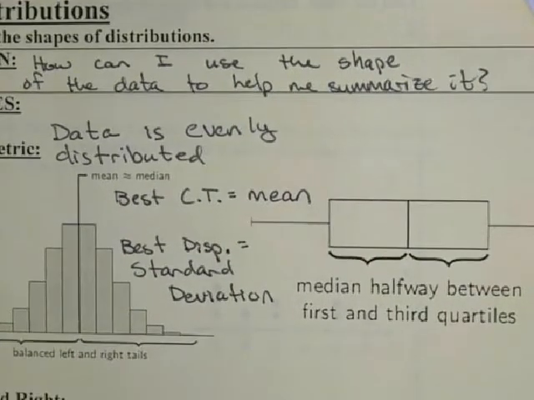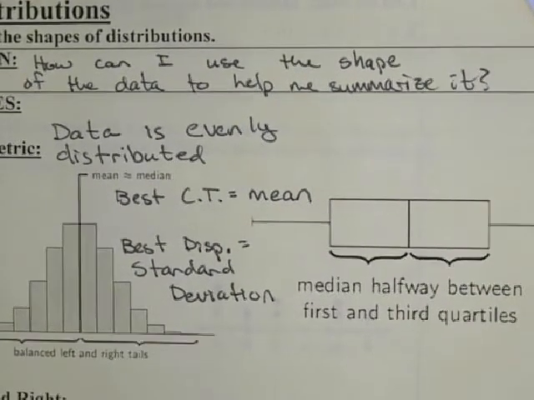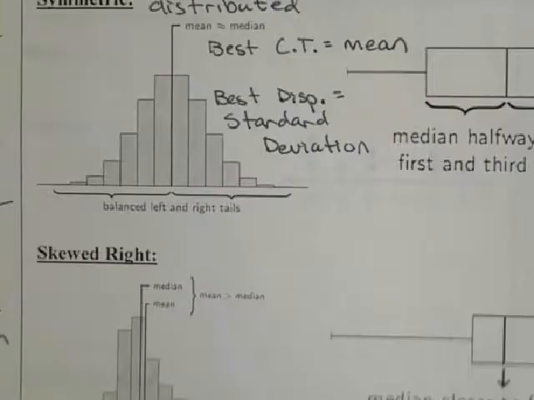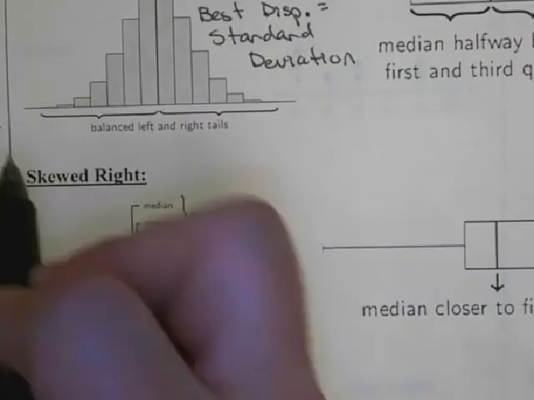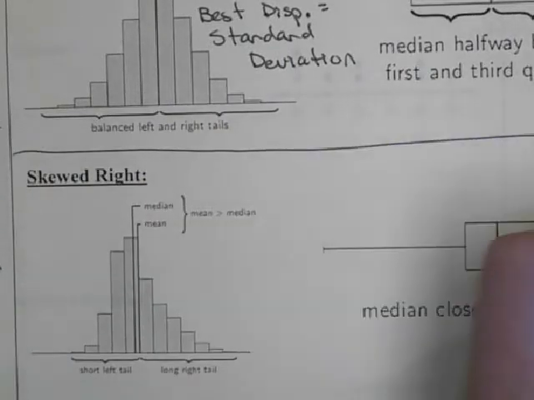Now when we have a data set that is skewed right, like we have here below in our next picture, let's draw a line to separate.